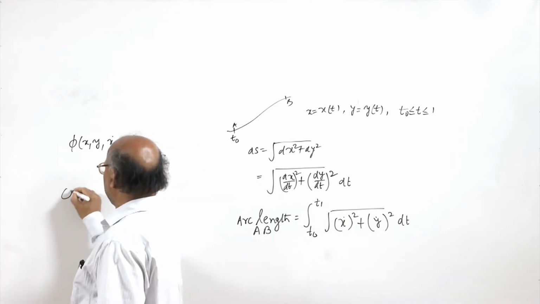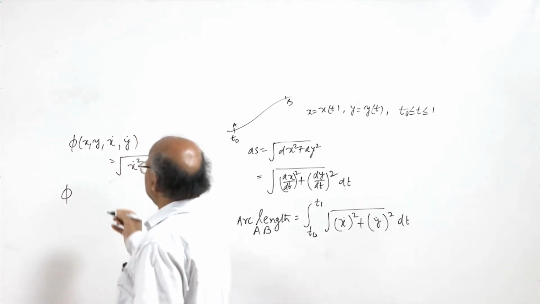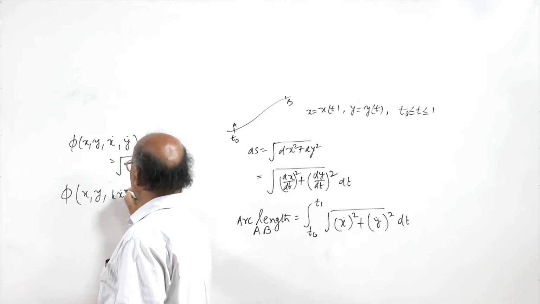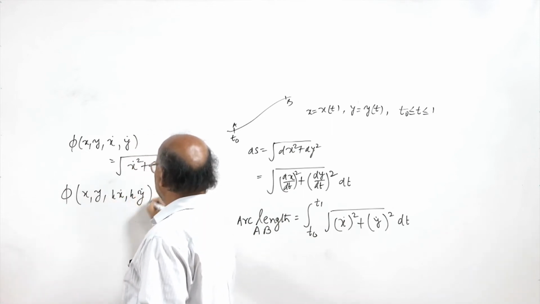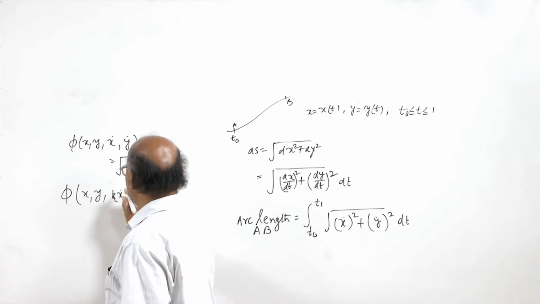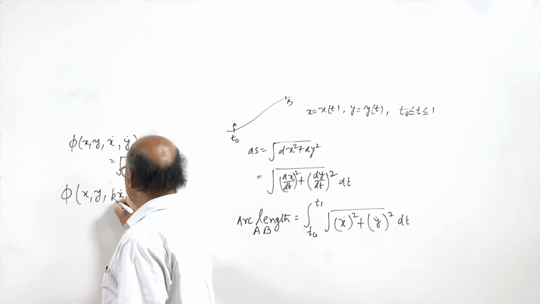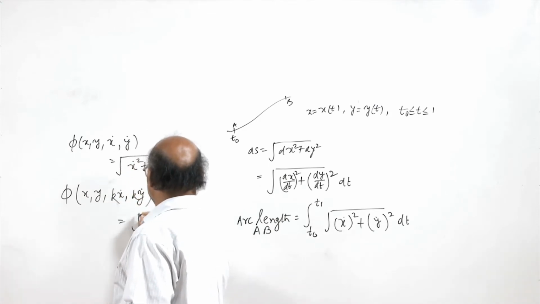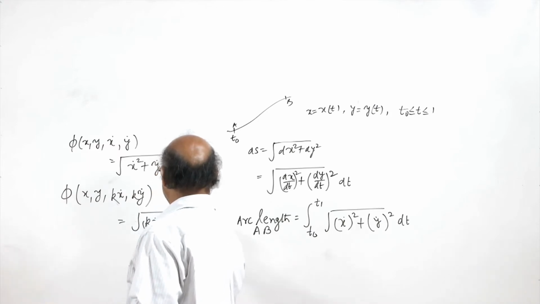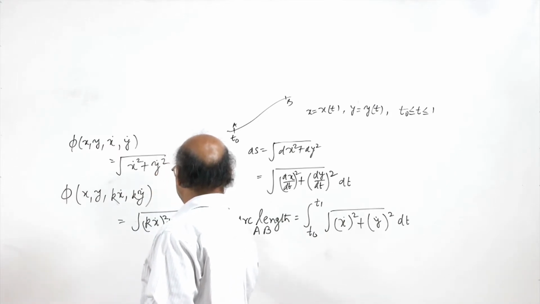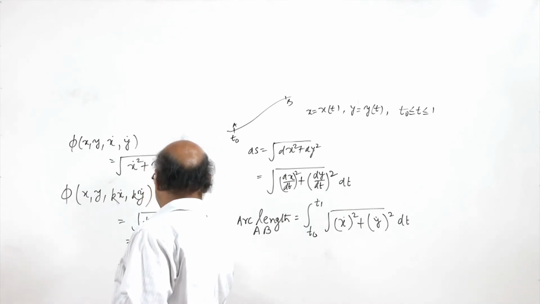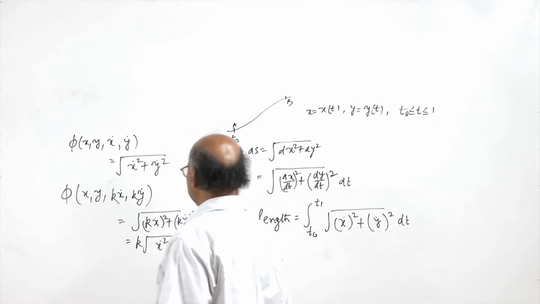So this is a homogeneous function of degree 1 in x dot and y dot, because when we replace x dot, y dot by k x dot, k y dot, this is equal to the square root of k square x dot square plus k square y dot square, which is equal to k times the square root of x dot square plus y dot square.